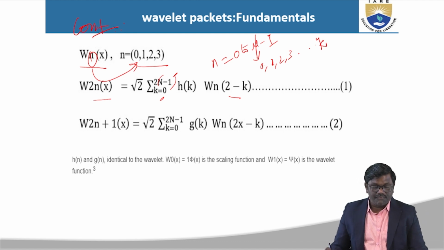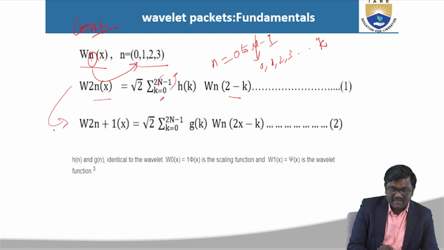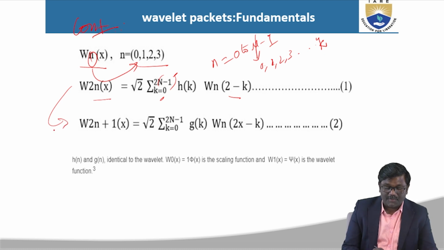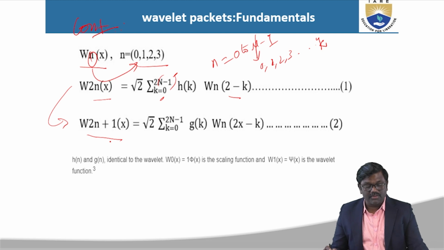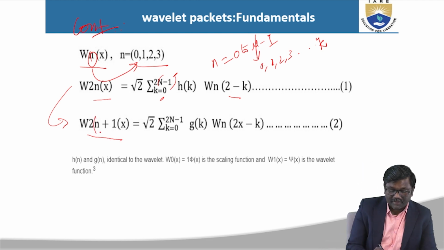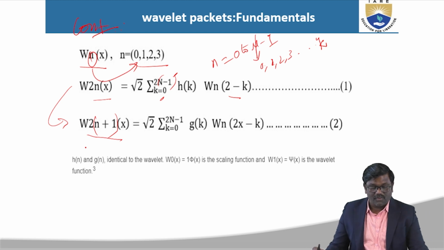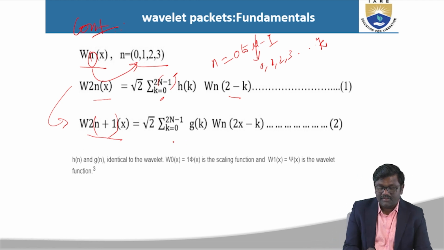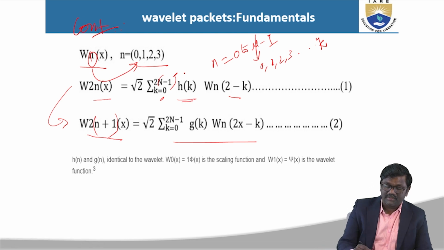So, we can extend this in terms of an additional approximation value, that is W2n plus 1 of x. We can write it like this, W2n of x and W2n plus 1 of x, which helps us represent the system of the signal with h of k and g of k.